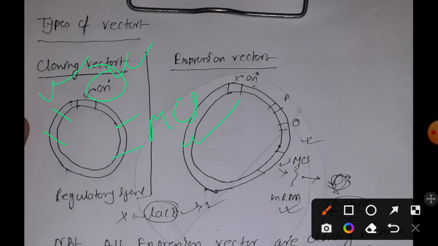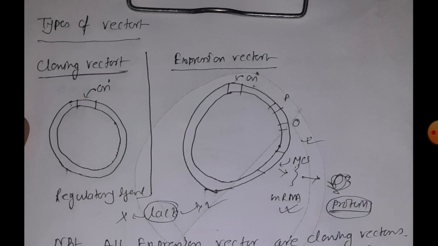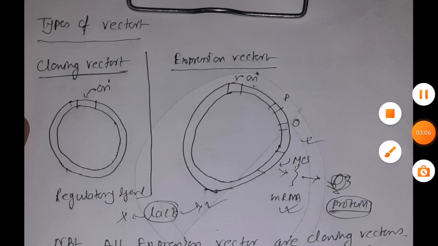Without these we cannot think about cloning, and if replication is not possible, then transcription and translation are of no meaning. Along with these three, we need some extra things that will help in our expression. So now we will talk about the components of an expression vector.